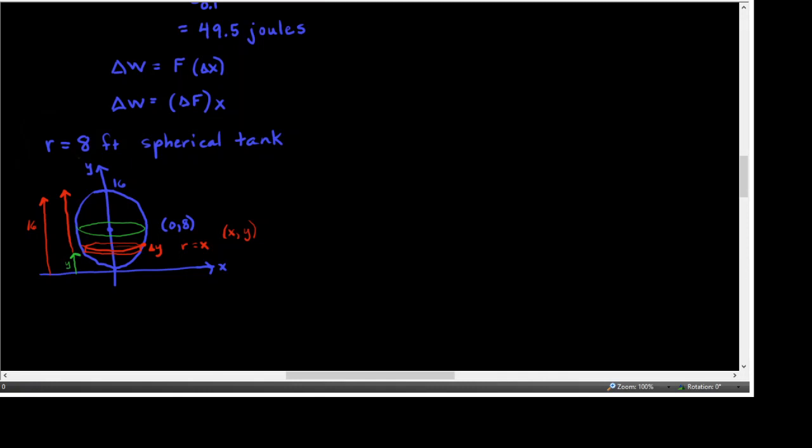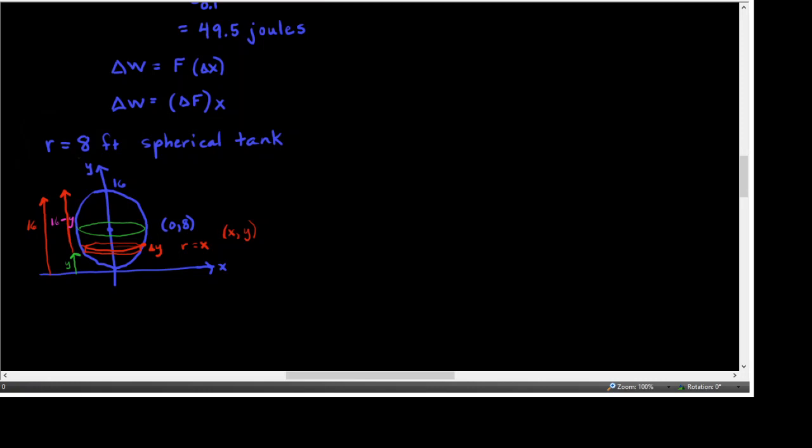And so the distance we're going to be moving the bit of material from where it is to the top of the tank is 16 minus y. That's how far we're moving it, 16 minus y. Okay, so let's see what we can do here.